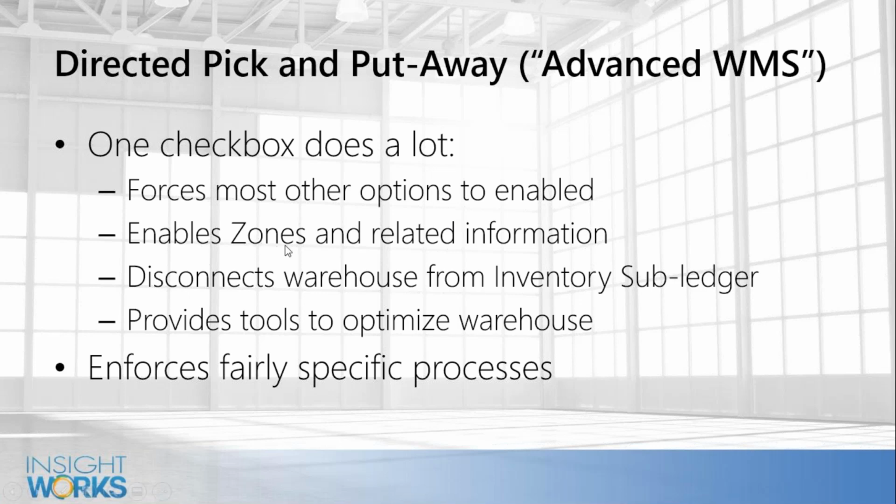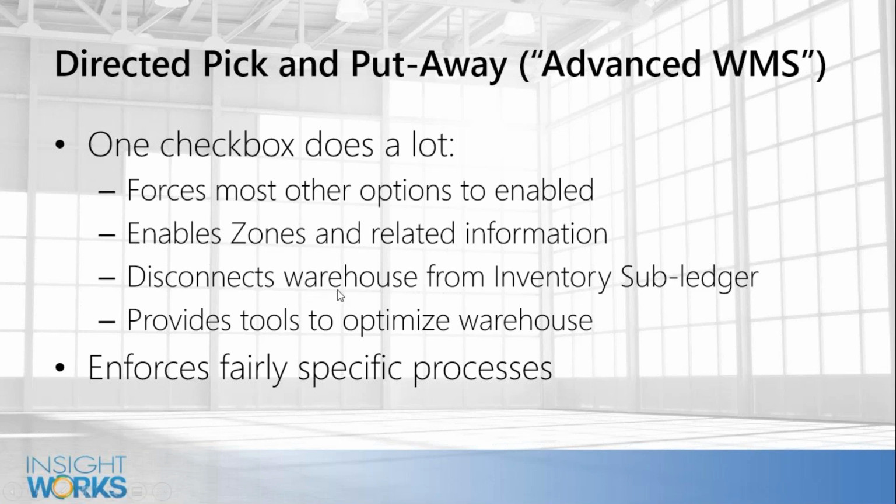Enables those zones that we talked about. And the zone allows us to define bin types. So we can say, hey, this bin only allows us to put product away in it. We're not allowed to pick from it, right? And that's good for your bulk storage area. Or we can say it's something like a QC bin where we're not allowed to pick or put away into that bin. We're only allowed to move product in and out of that bin with a different process.